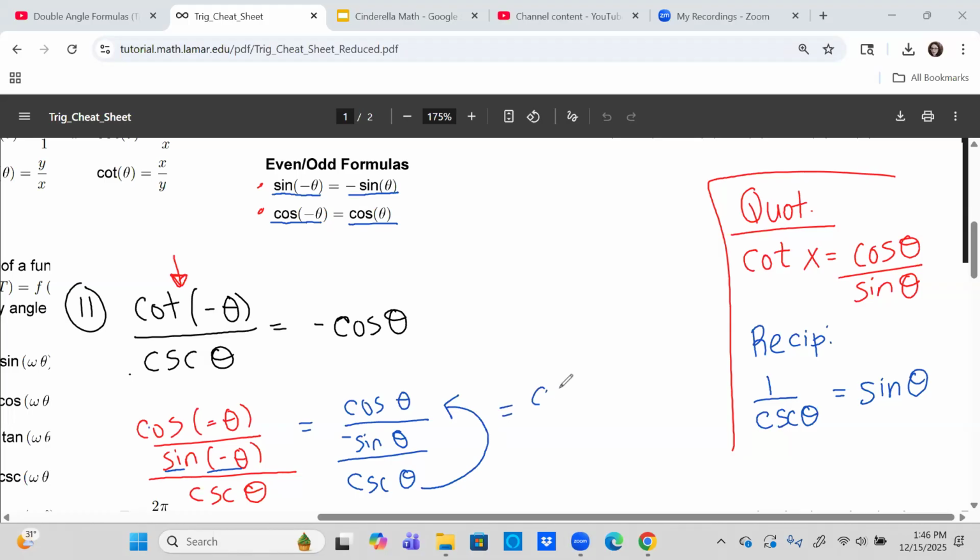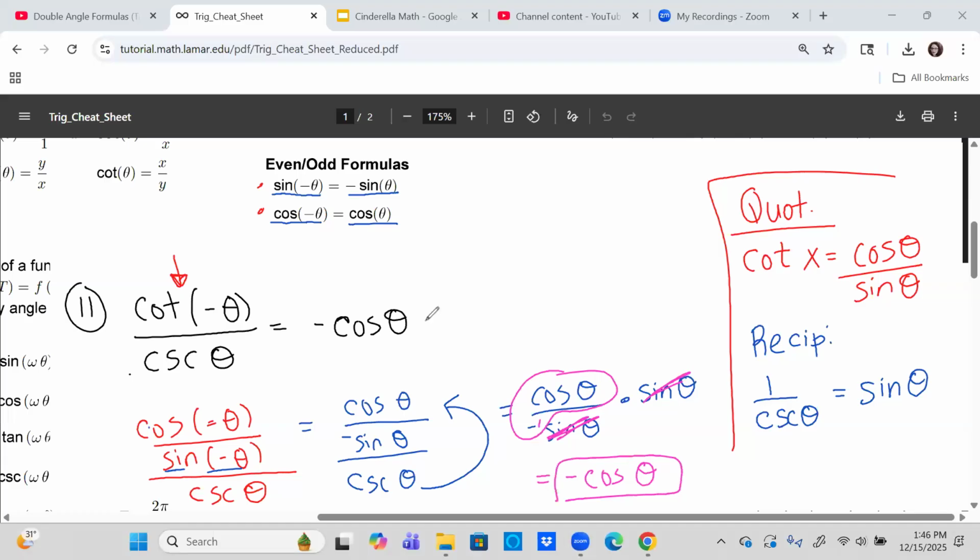So that'll give us cos theta over negative sine theta, and this has flipped up to be sine theta. Sine theta will cross cancel, and we're left with cosine theta divided by negative, so technically negative 1. Cosine divided by negative 1 would be negative cos theta. Boom. And we have proved it.